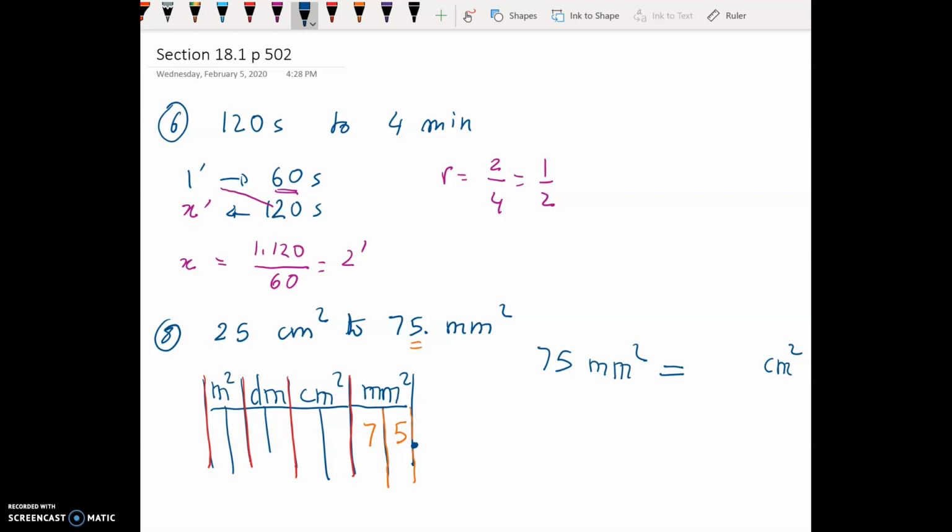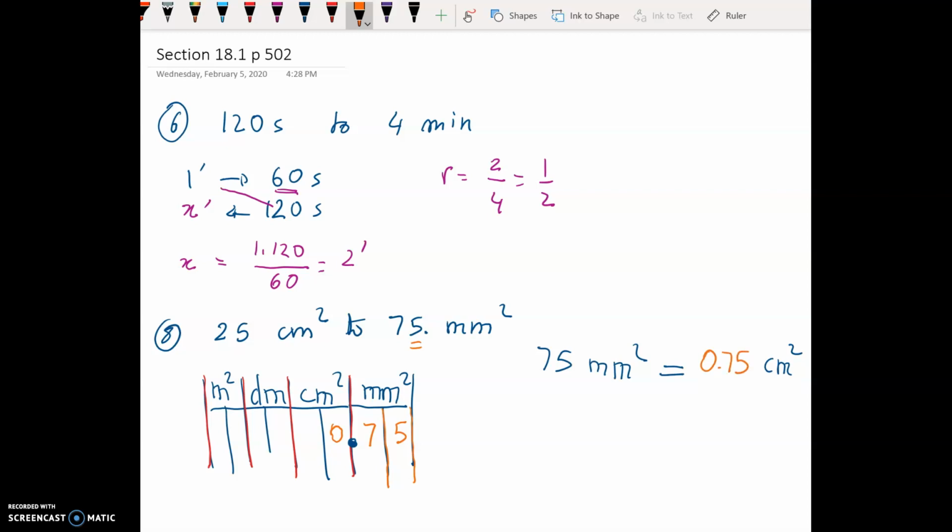Okay? And I want to have that in square centimeters, so I will have to move my dot right there. And if I move my dot right there, it gives me 0.75 square centimeter.